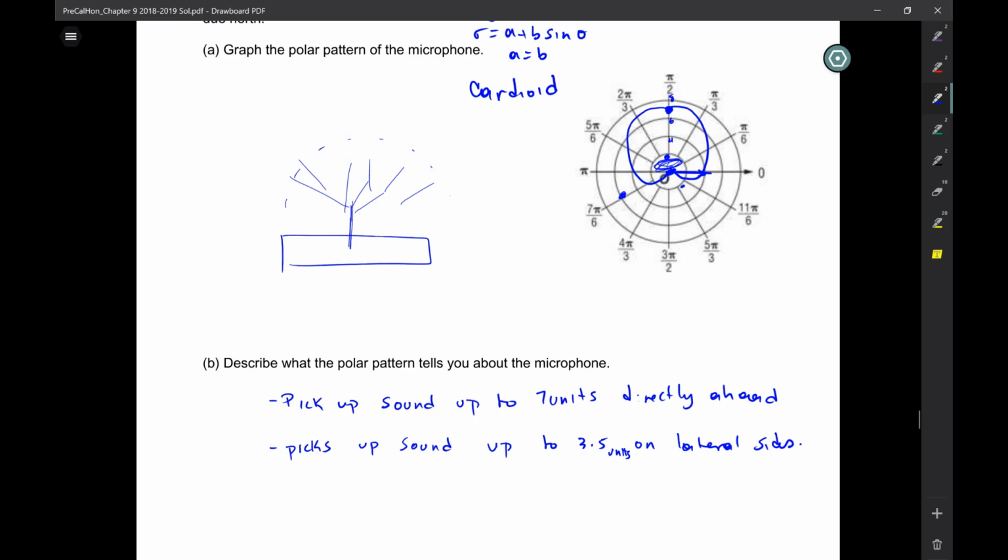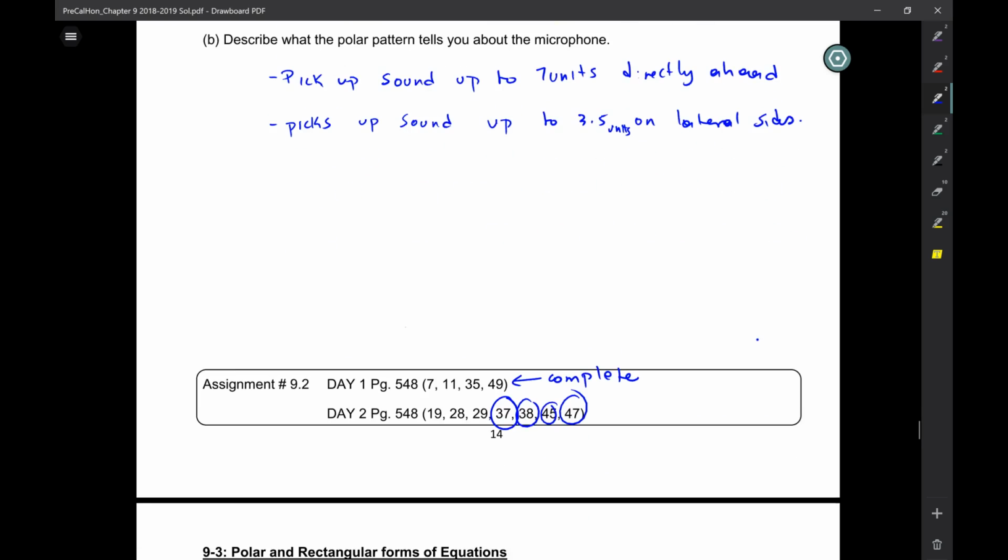But here, when theta is 0, that's the minimum value. And when you put it inside your function, sine of 0 is 0, so it only reaches a maximum of 3.5. Okay? All right. So that's that.